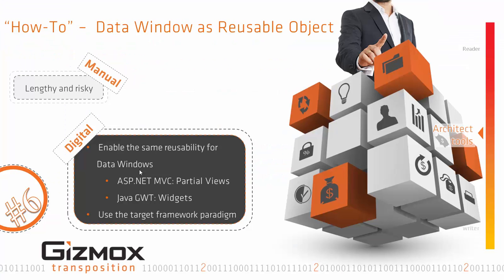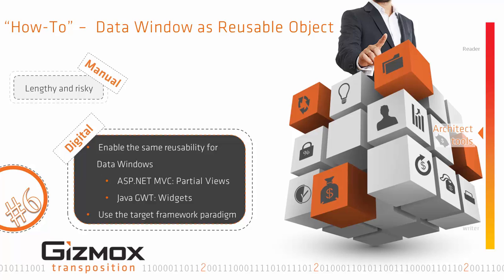As we've seen in the previous demonstration, the sixth how-to is making sure that the data window functionality and business rules become a reusable object using standard features of the target framework.